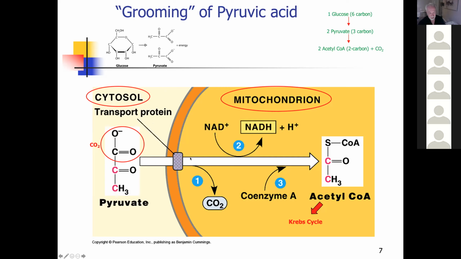When it does, it generates a molecule of carbon dioxide and NADH. And because it loses carbon dioxide, the product is acetyl-CoA, which is a 2-carbon compound. And this is the first step in the Krebs cycle.